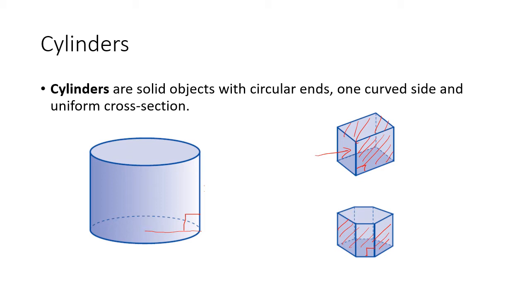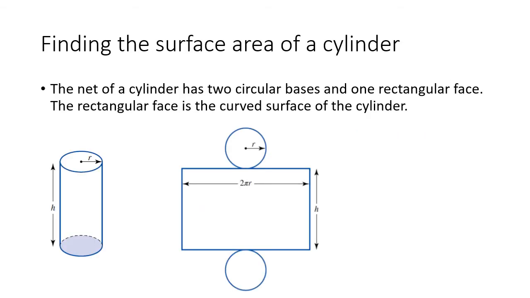So even though they are not prisms, it means that we can actually calculate things in similar ways. So finding the surface area of a cylinder, we can see that we've got two circular ends, and if we draw the net of what the cylinder would look like, that becomes nice and obvious.